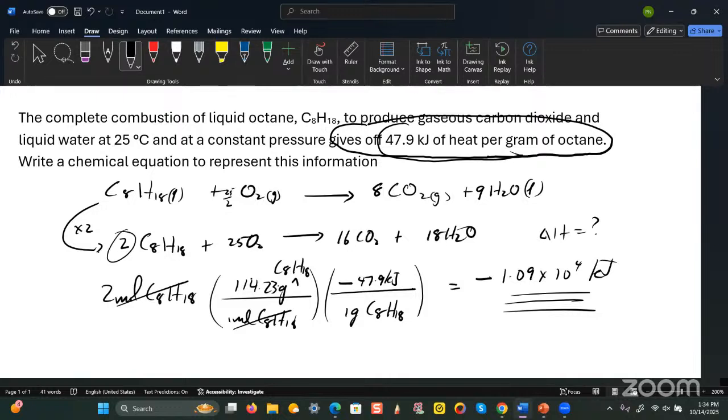So basically delta H you can place as being equal to this value, minus 1.09 times 10 to the 4 kilojoules. All right. Any questions about this? Let me continue.